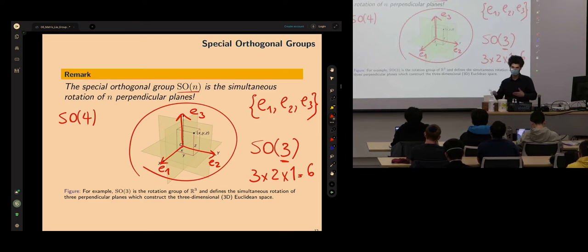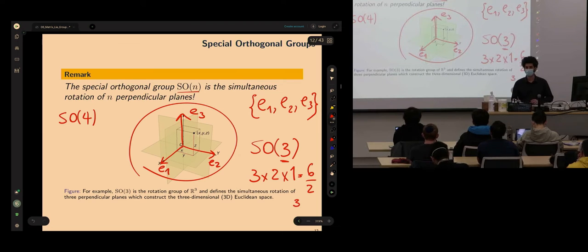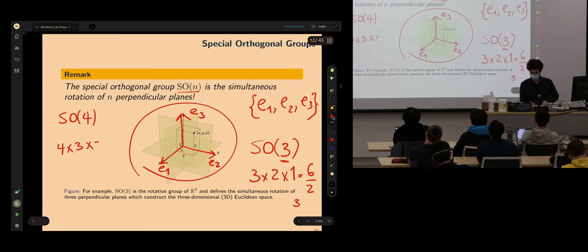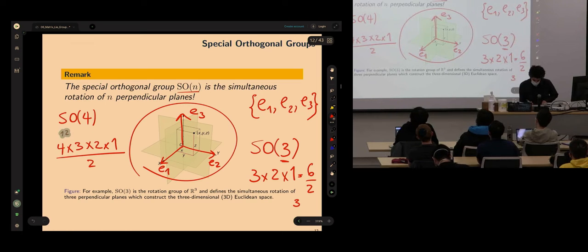However, the order I choose these vectors is redundant, because choosing first and second is the same as second and first. So divided by 2, you get 3 ways to rotate. For SO(4), you have 4 times 3 times 2 times 1. That's a lot of ways to rotate. 12, 24. Is this correct?